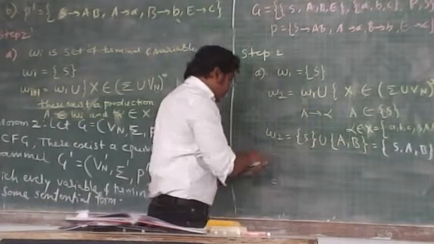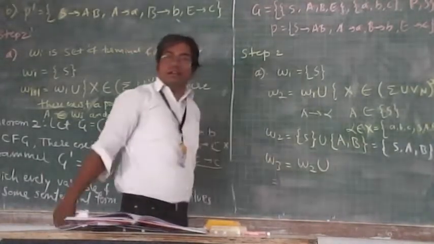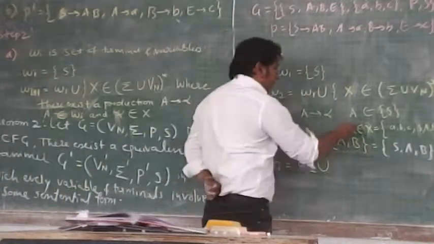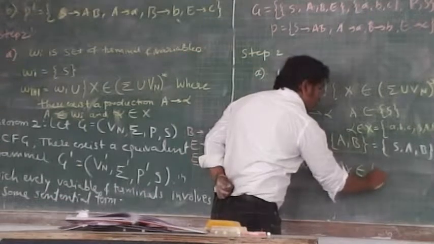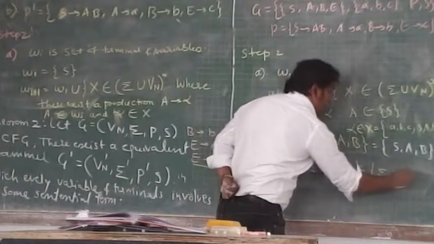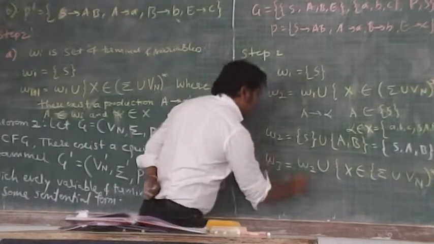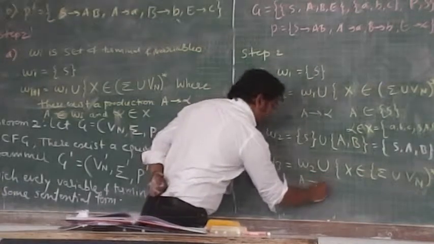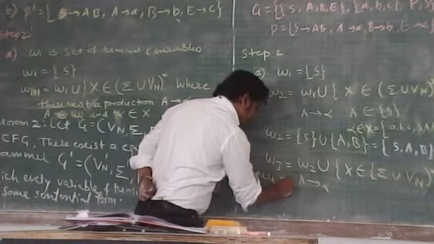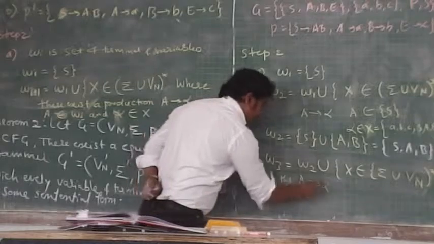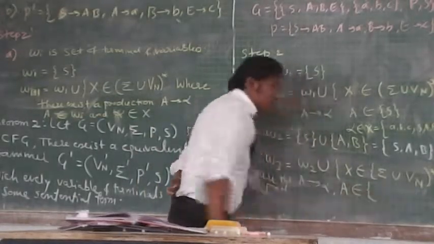W2 we calculated, W3. W3 is equal to W2 union. Similarly, in this case, X which belongs to sigma union Vn star, where A is the production A implies alpha, and A belongs to what?